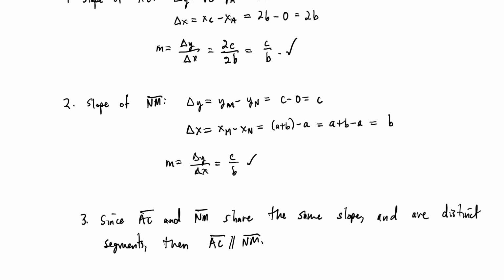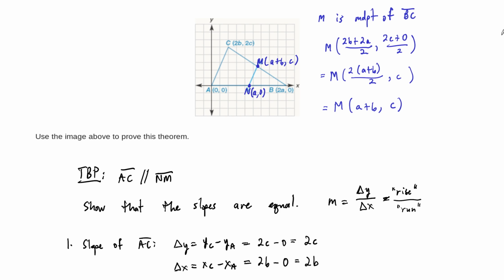So the line that connects the midpoints of two sides of the triangle is parallel to that third side that wasn't involved, and that's always going to be true.